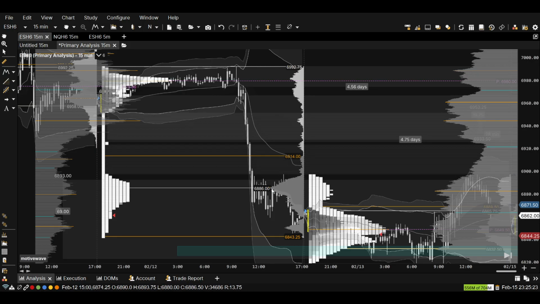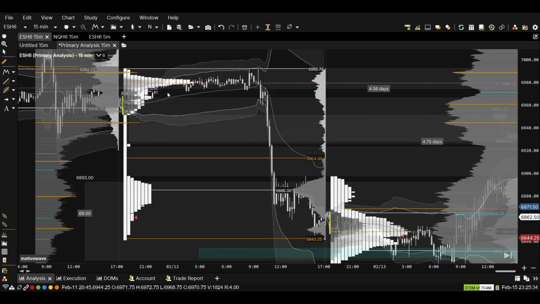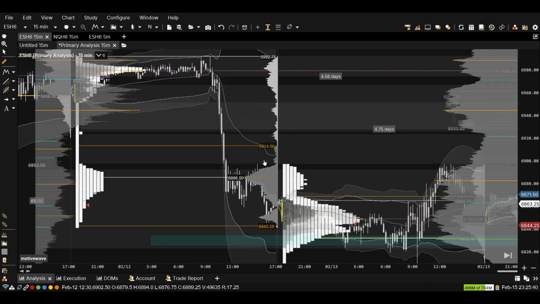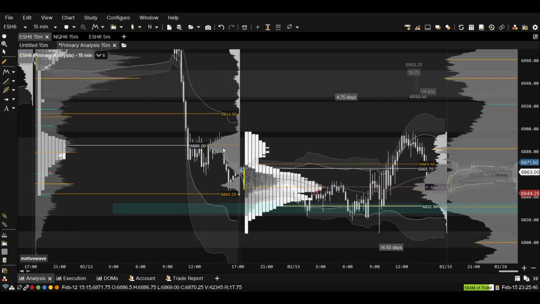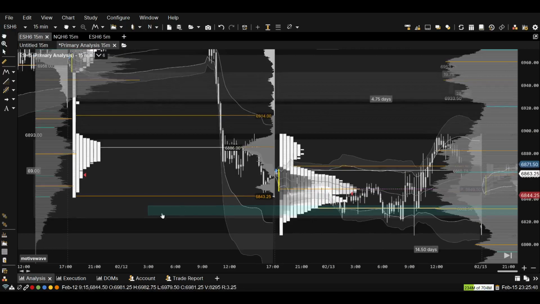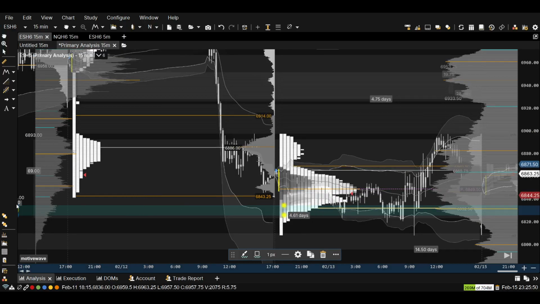Here were more orders than here. In the time price opportunity, the time here was different from here. So here is the most important balance area, the edges, the high volume node edges.